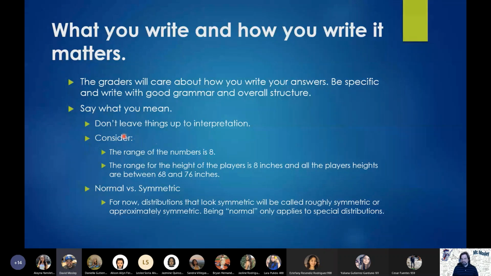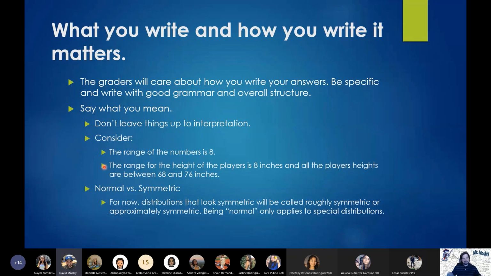We have these two sentences here saying essentially the same thing. The first sentence says the range of the numbers is 8. What numbers? Then we have something more specific: the range for the height of the players is 8 inches, and all the players' heights are between 68 and 76 inches. It's conveying essentially the same information, but now we've given specifics.